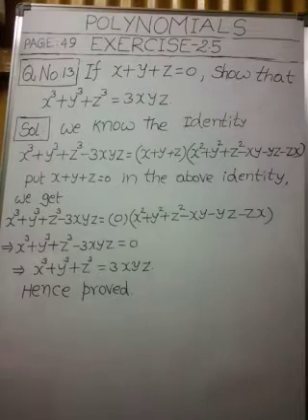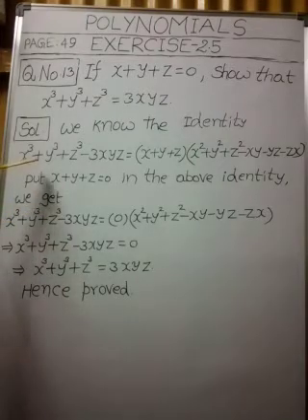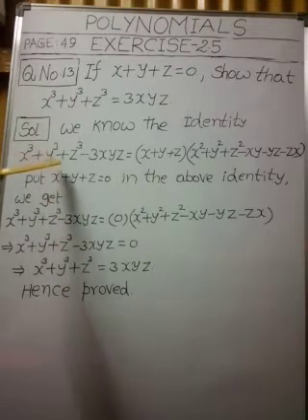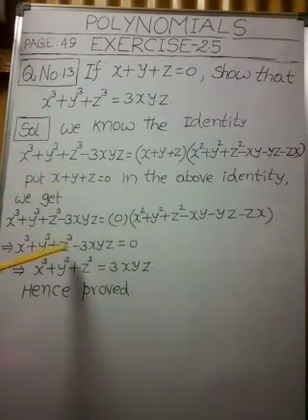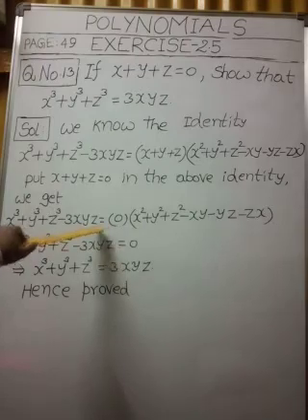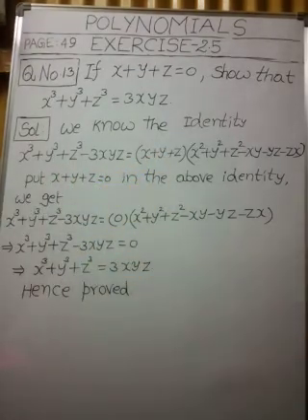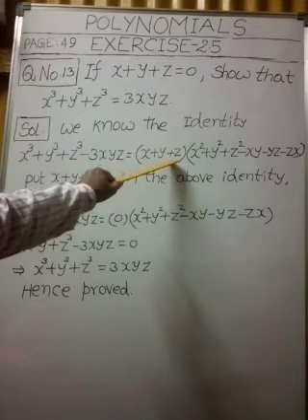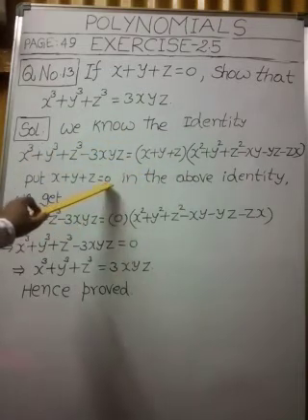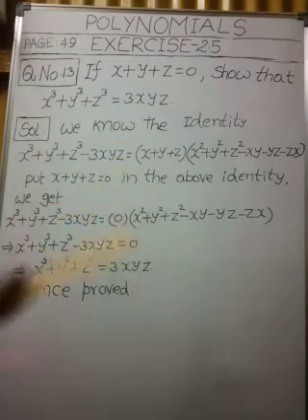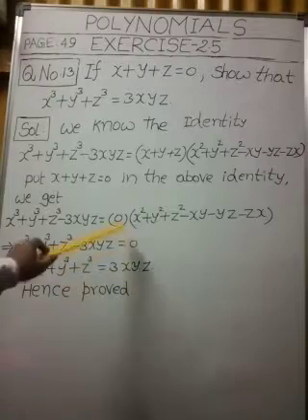Then we write the LHS as it is, because on the RHS, in this bracket, we got the expression x plus y plus z. So we replace that expression by 0.